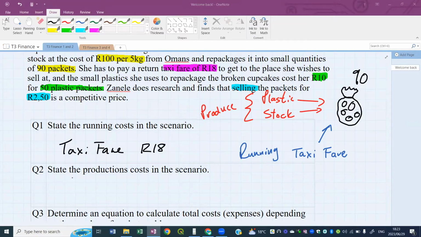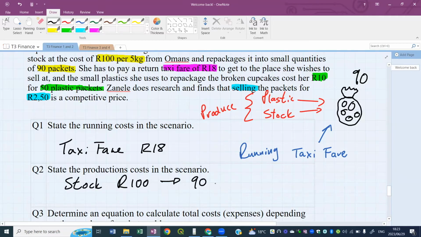So it's the stock, which cost 100 Rand. Don't worry about the 5 kilogram parts, because this young lady who's selling, Anela, doesn't worry about the mass. It's just an item. Okay, so it's 100 Rand, and this gives her 90 packets. All right, 90 units. Then there's also the plastic.